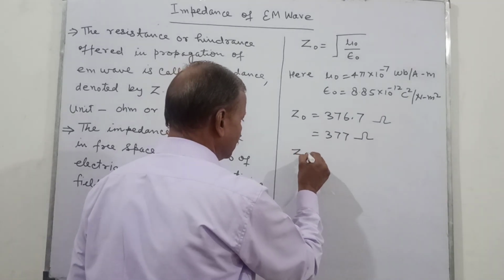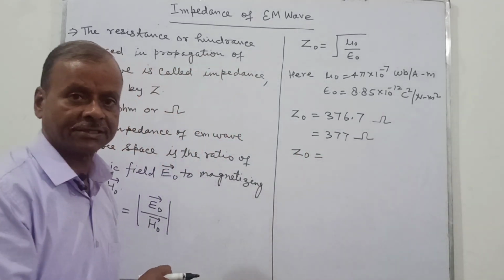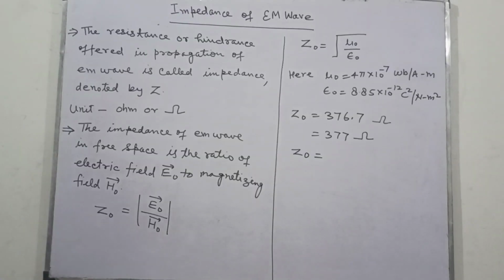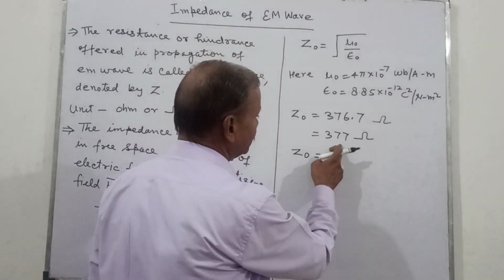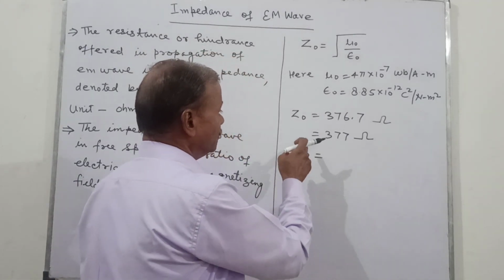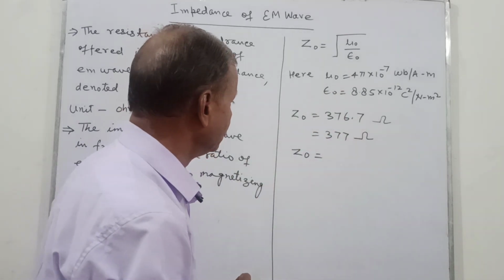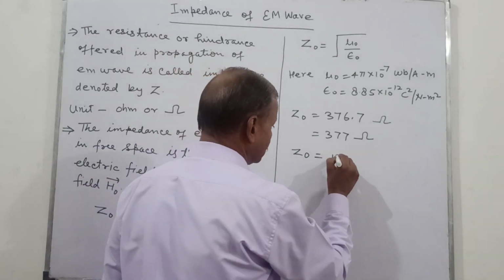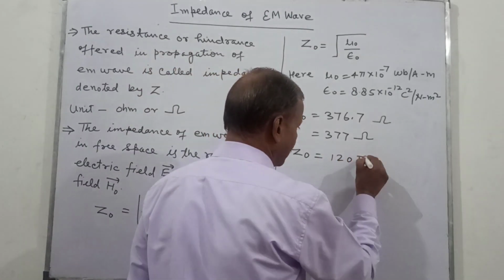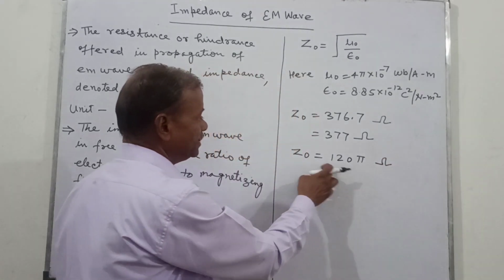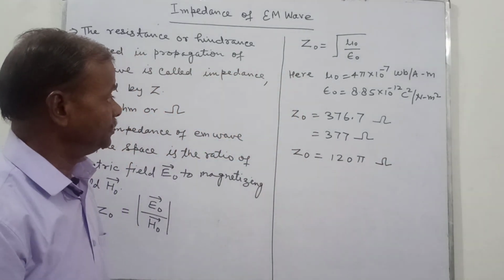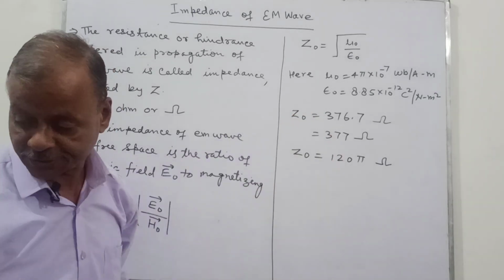We can also express this Z as 120 pi ohm. So this is the impedance offered in free space to the propagation of the electromagnetic wave. So these are the impedances in free space.